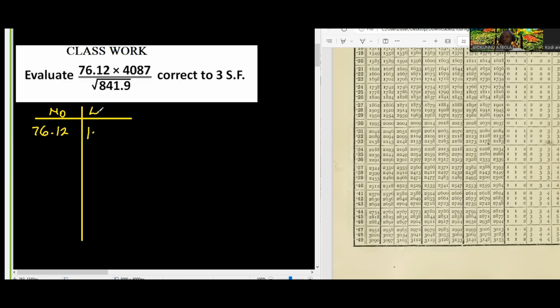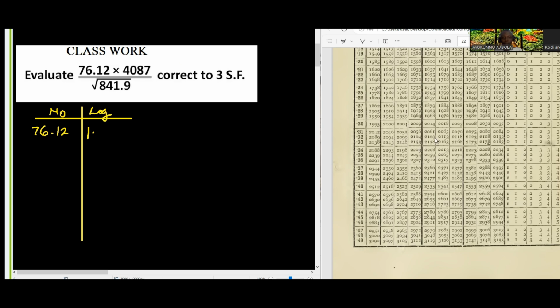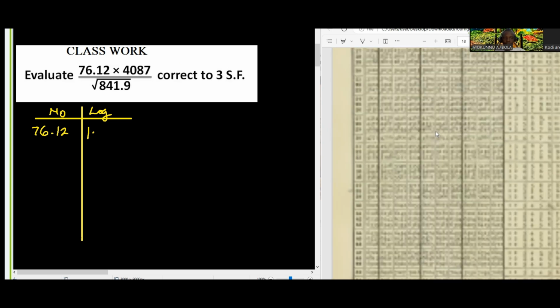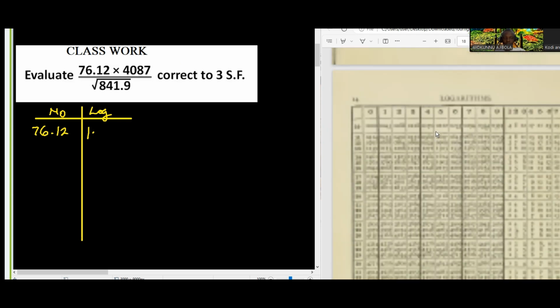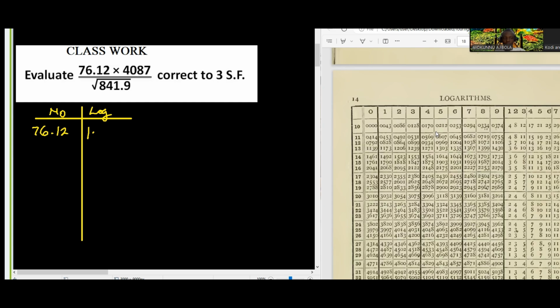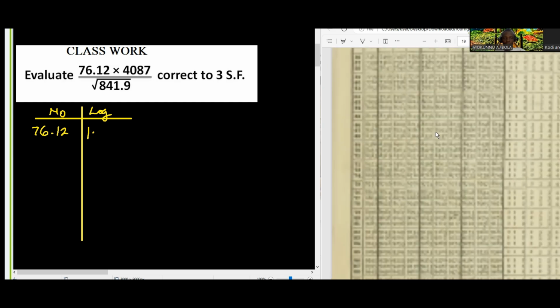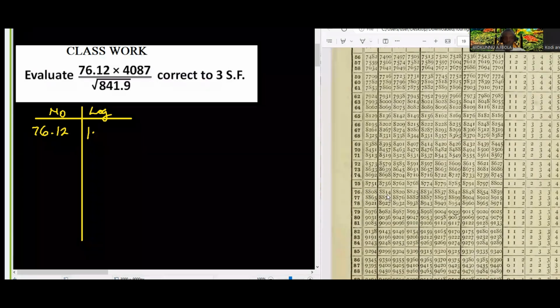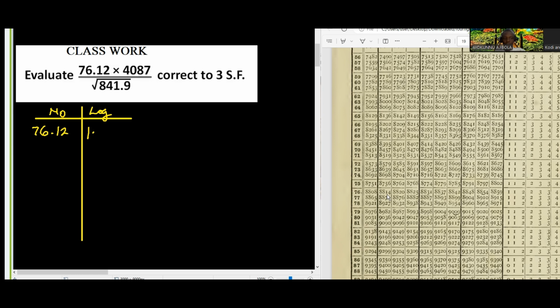Then we'll check the logarithm of 76 under 1, difference 2. This is 76 here. Under 1 is 8814. Difference 2 is 1. That's 8815.